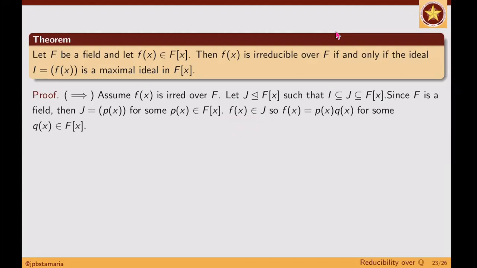So ganito. The idea is here. Si I kasi, di ba, generated by f of x. Tapos by assumption si I nasa loob ng J. Right?